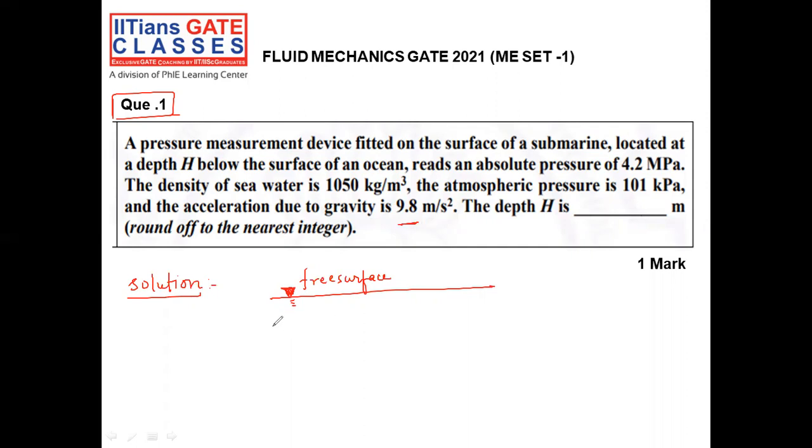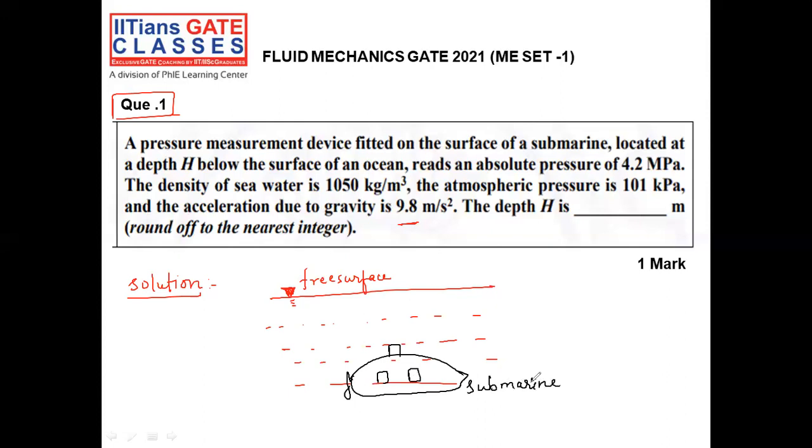Now here we have taken the seawater, and we have the submarine. Consider this is a submarine. Of course, a submarine has different applications, but here we are not going to deal with this.